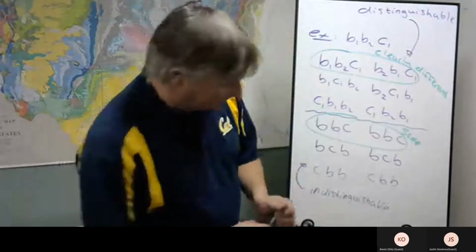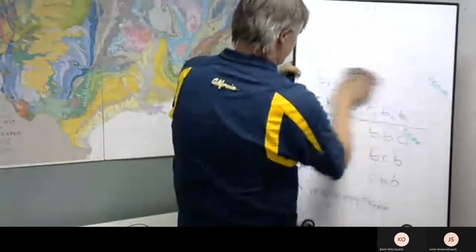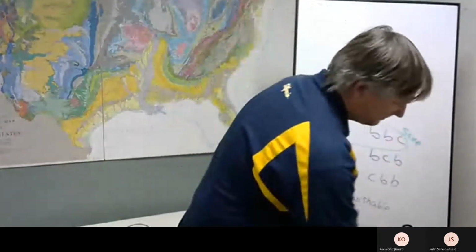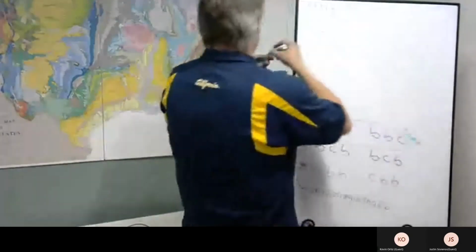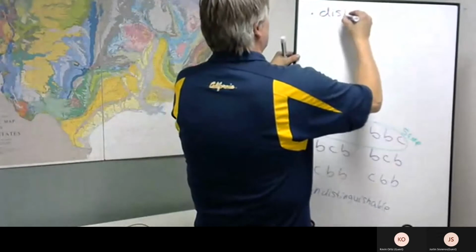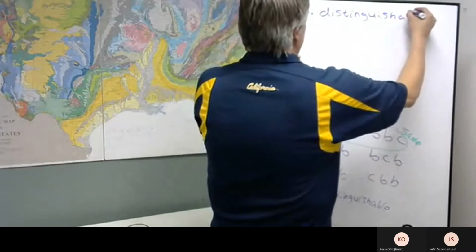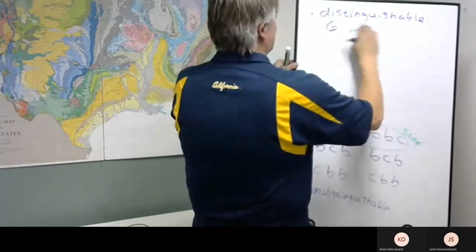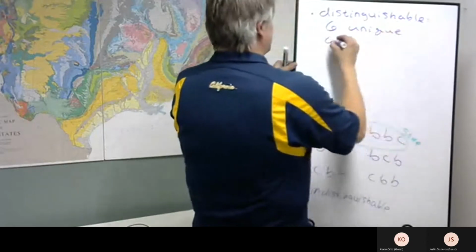So for distinguishable, there are 6 unique outcomes.